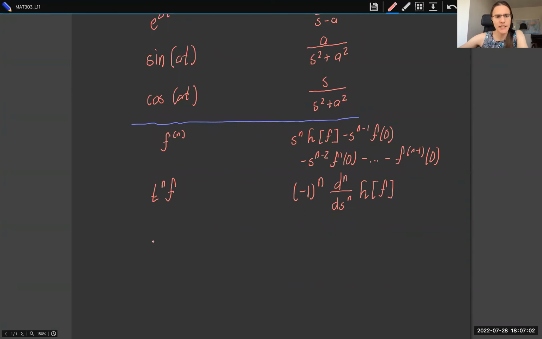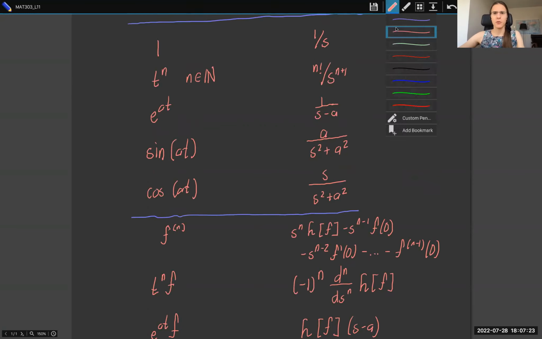And then if we have e to the at times f, then the Laplace transform is just a shift. It's the Laplace transform of f at s minus a. This is evaluation, not multiplication. And so those are our rules.